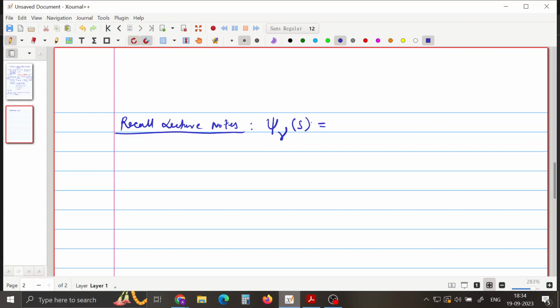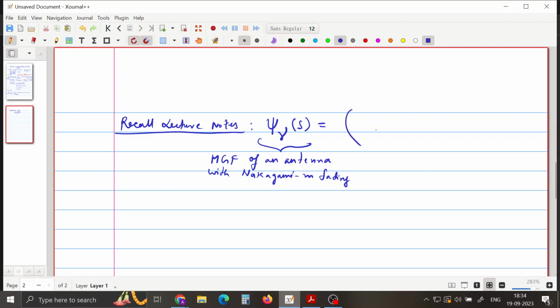This is the notation for MGF, and this is actually denoting your MGF, moment generating function, of one antenna with Nakagami m fading, right?